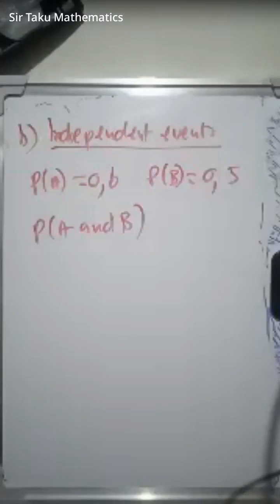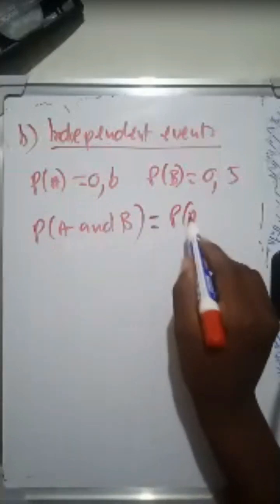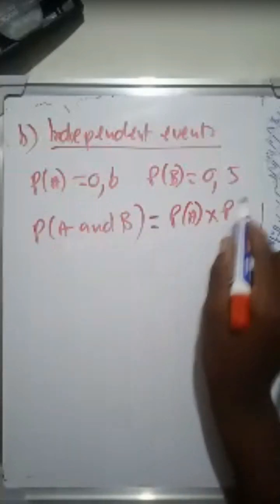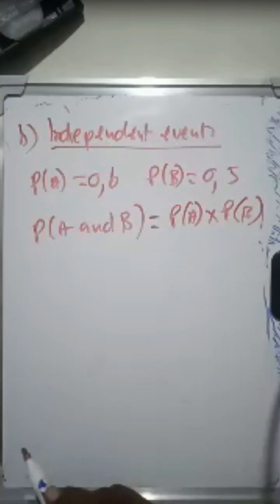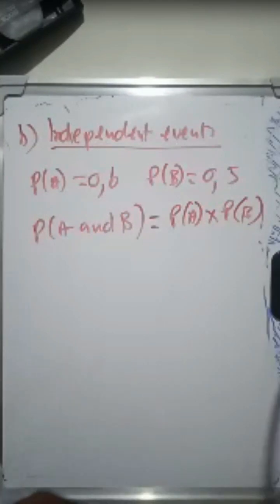What is the keyword here? These are independent events. So probability of A and B is equal to probability of A times probability of what? B. Right? Because these are independent events.